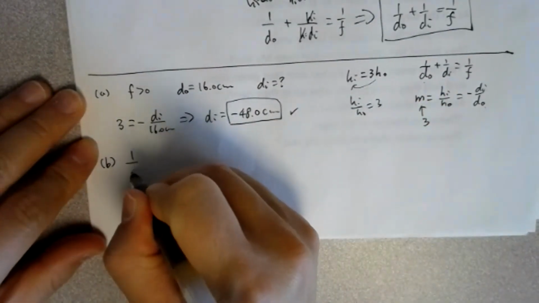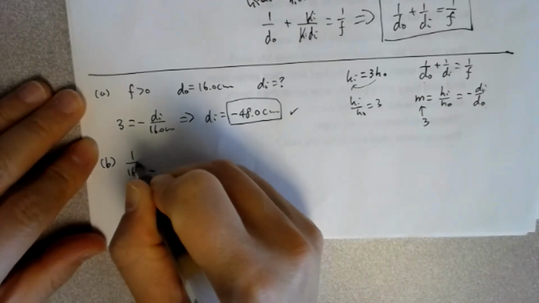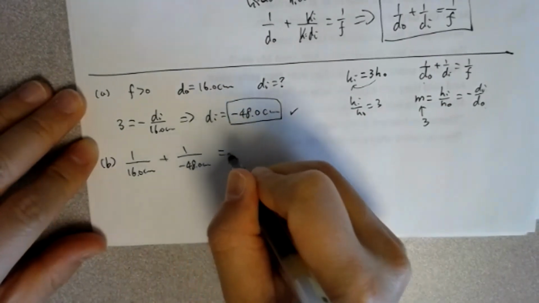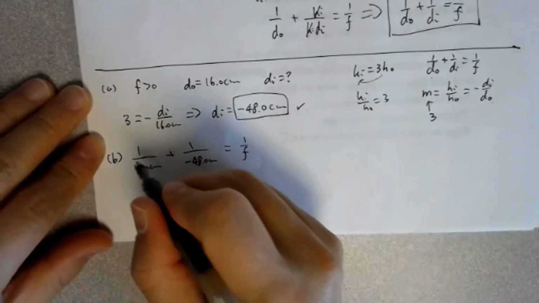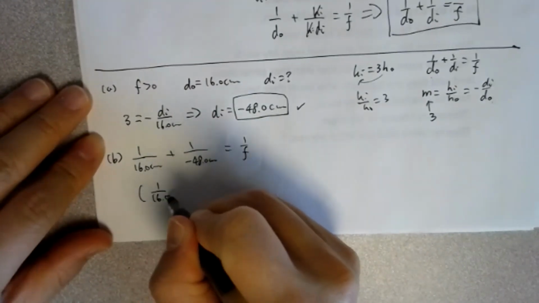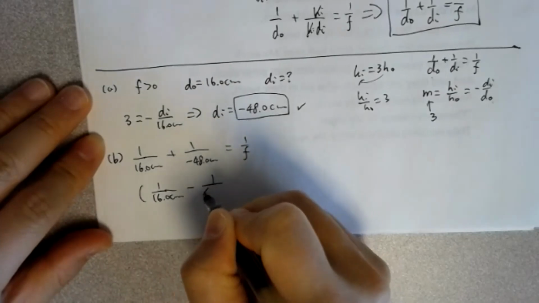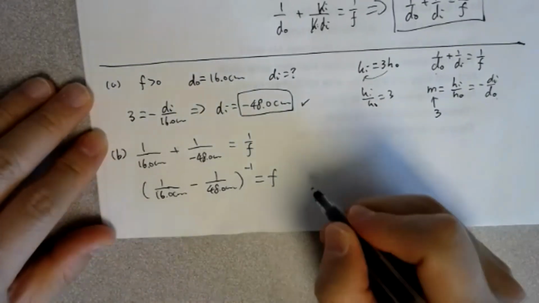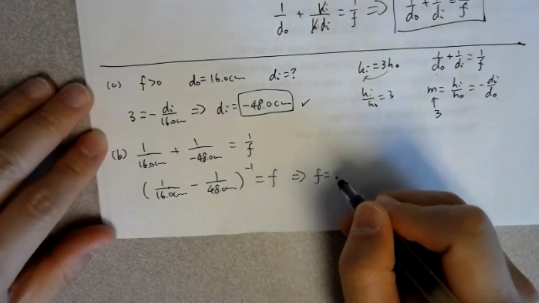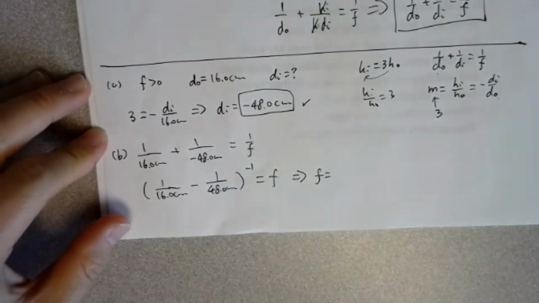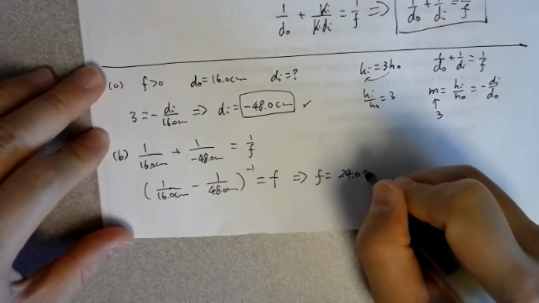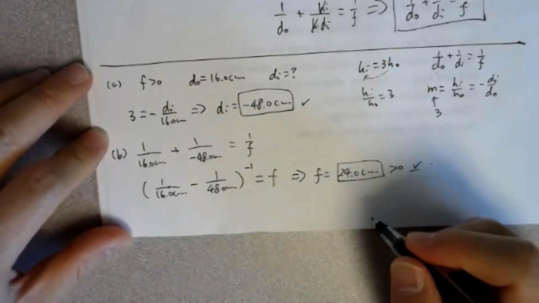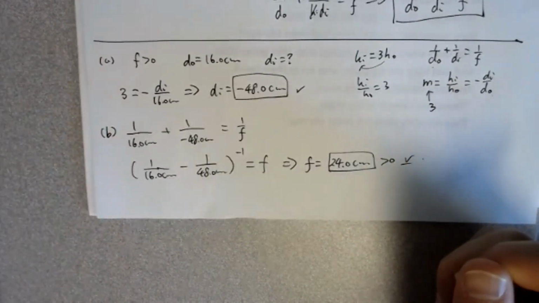So 1 over DO, which is 16 centimeters, plus 1 over minus 48.0 centimeters equals 1 over F. So you do 1 over 16 centimeters minus 1 over 48 centimeters, and then invert the result to get F. F turns out to be 24 centimeters, which is positive, as we expected.